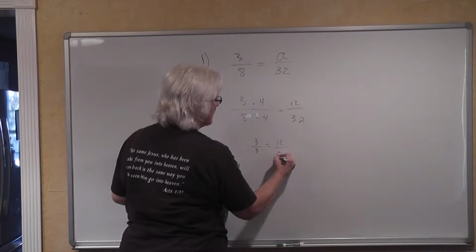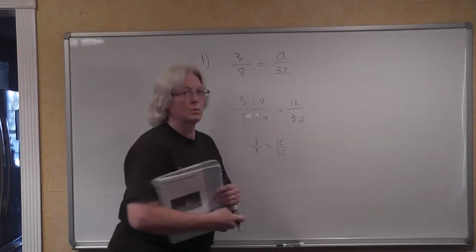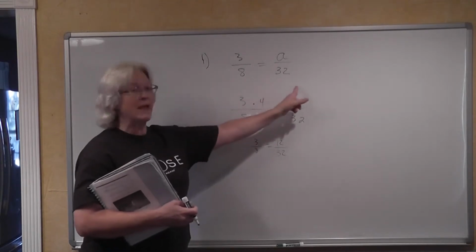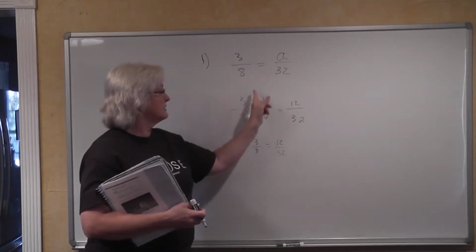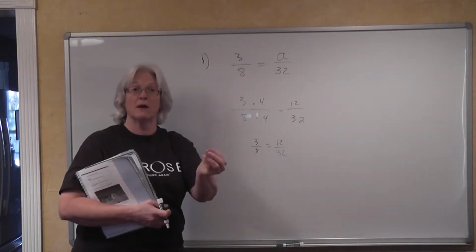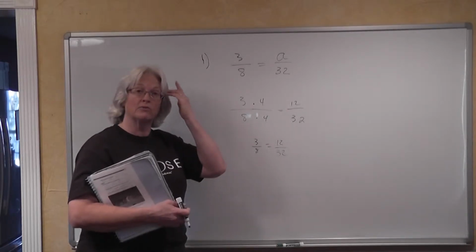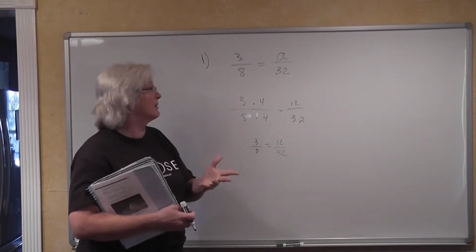And the way that we did that, how did we get from 8 to 32? We said that 8 times 4 is 32. And let's just say that you didn't have that multiplication fact on the tip of your tongue, or right here in the front of your memory. How could you have figured it out?